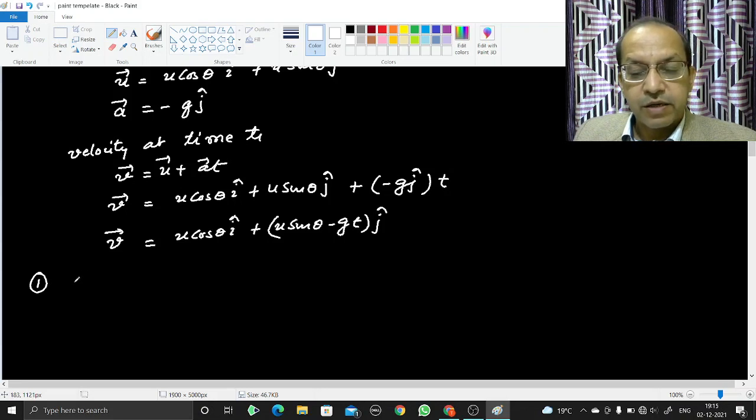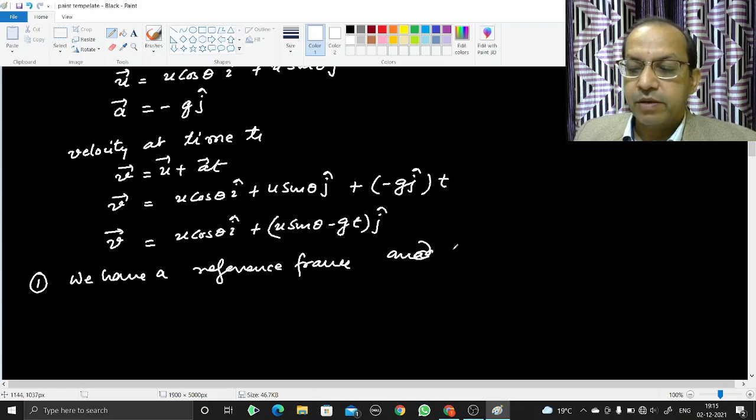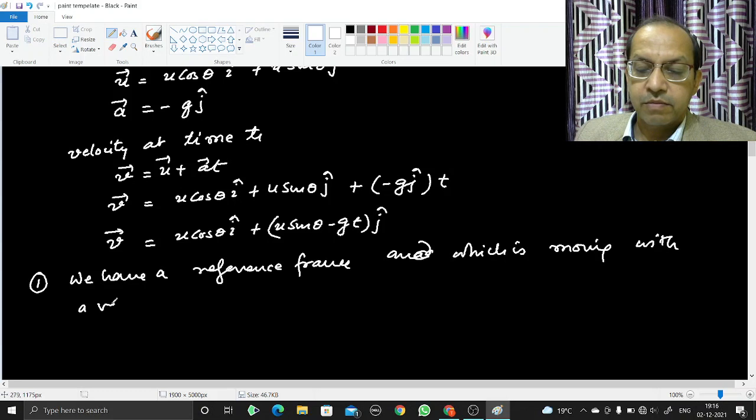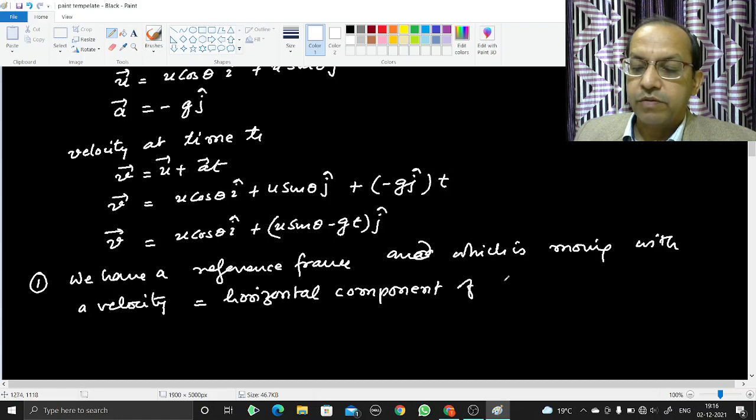In the first part, we have a reference frame which is moving with a velocity equal to the horizontal component of the projectile.